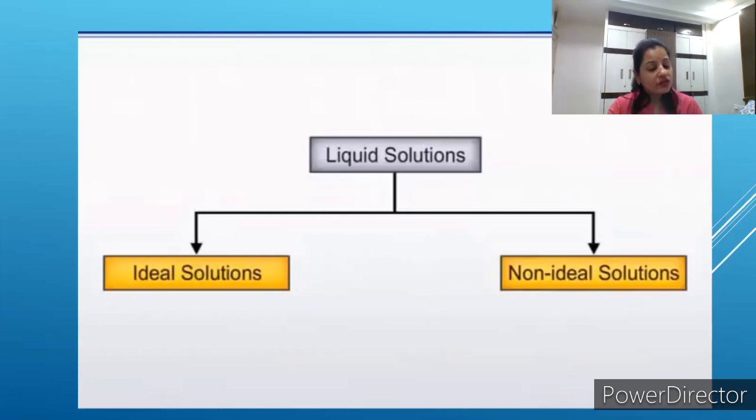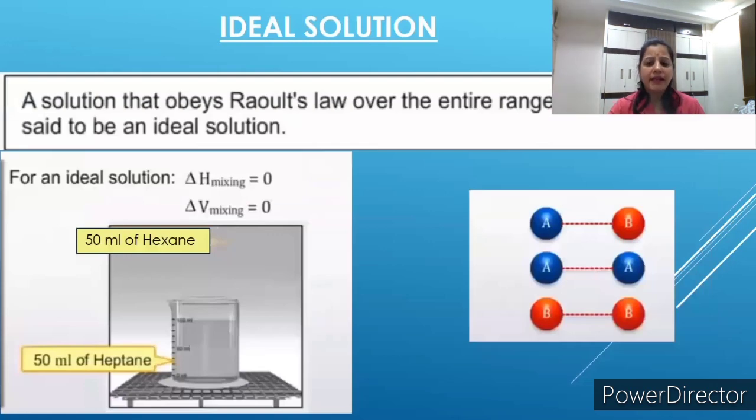Okay, and it should obey Raoult's law in all conditions, meaning over an entire range of concentration. Then that solution will be called the ideal solution. And a non-ideal solution, the one which does not obey Raoult's law, is called a non-ideal solution. So let's see in detail.